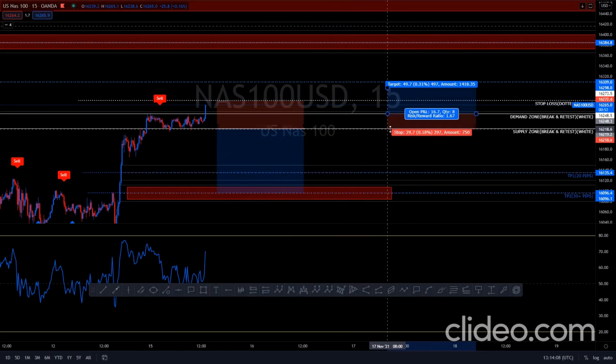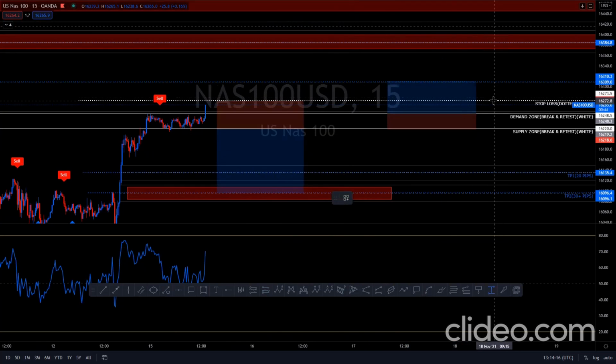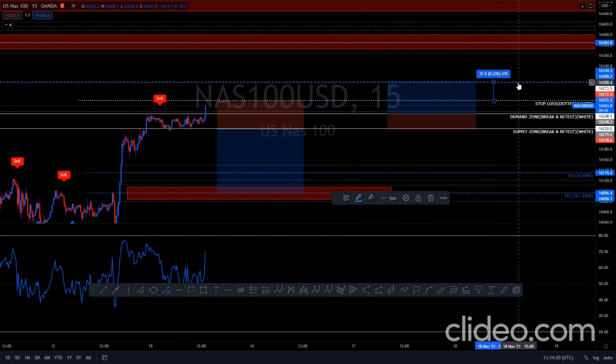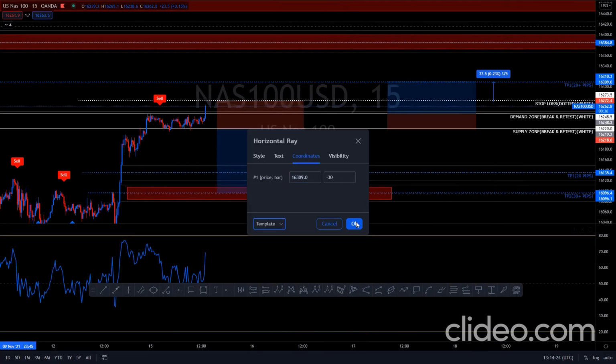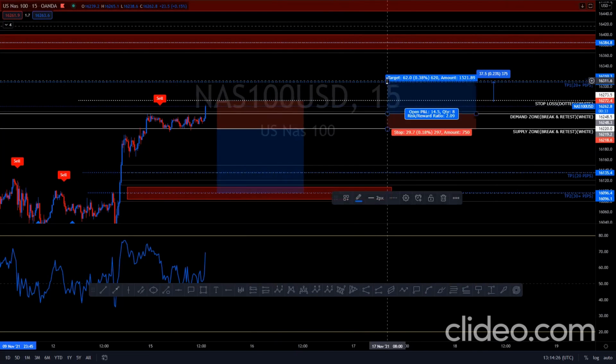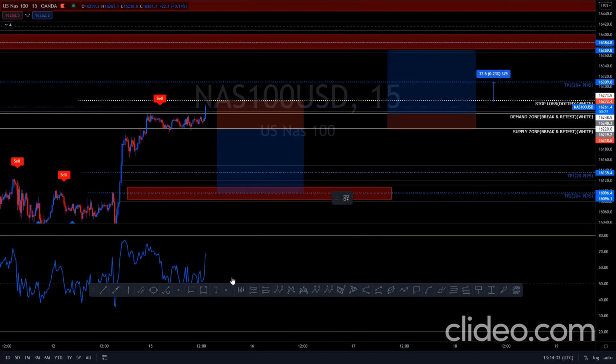So the stop loss is going to be there, and I'm looking for this to be the first take profit. Now, if it goes past this point, it's definitely a good take profit zone. So take profit one here, and then I'm looking for them to at least mitigate this area, at least hit that. So I'll probably put my second take profit right up in here somewhere.